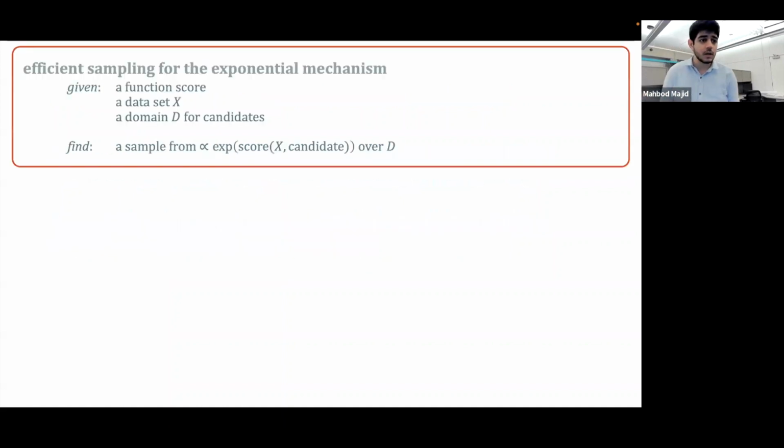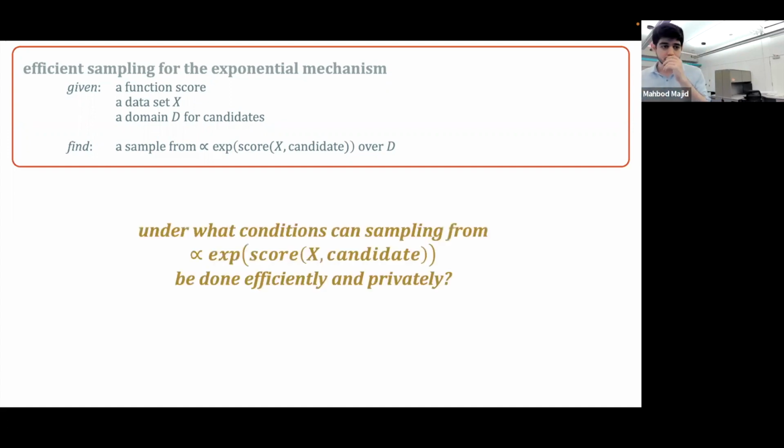Okay, so let's start with the first one. We have a very abstract problem at hand. We have some score function, and we want to see whether we can sample from the exponential mechanism corresponding to this score function efficiently and privately or not.